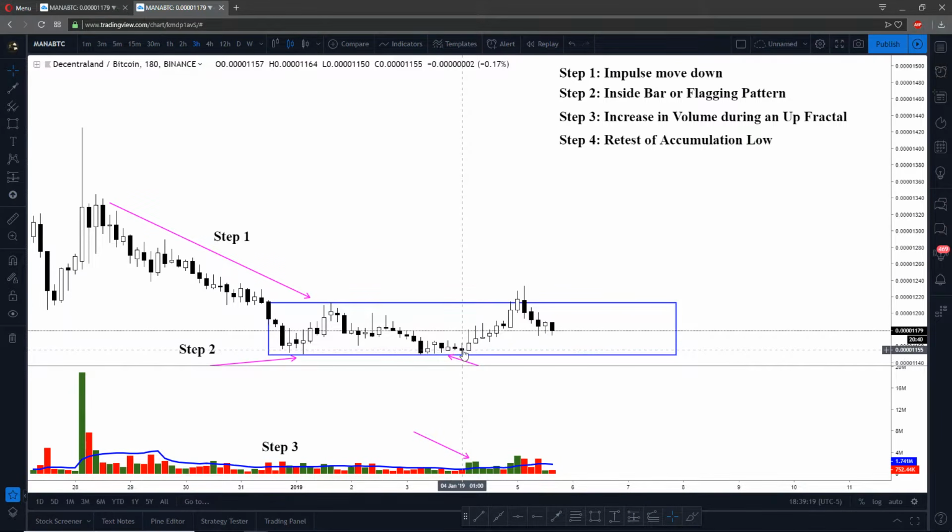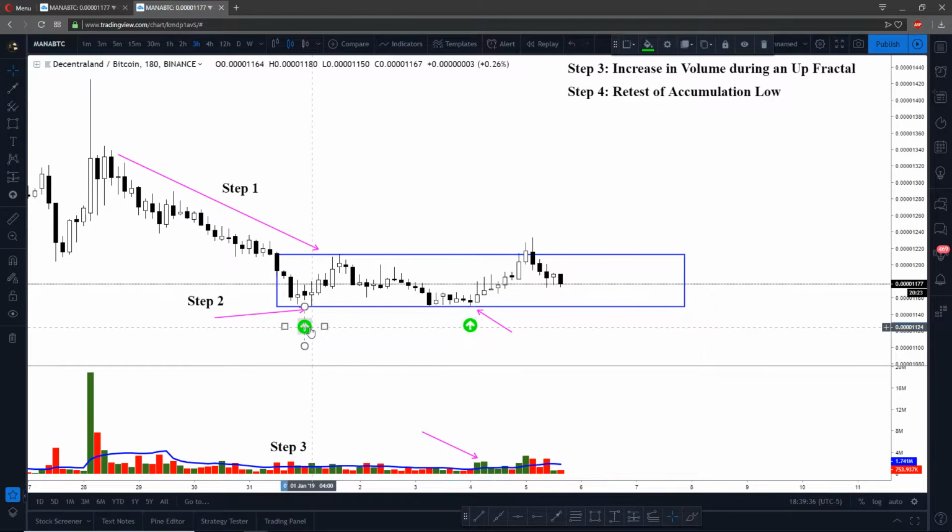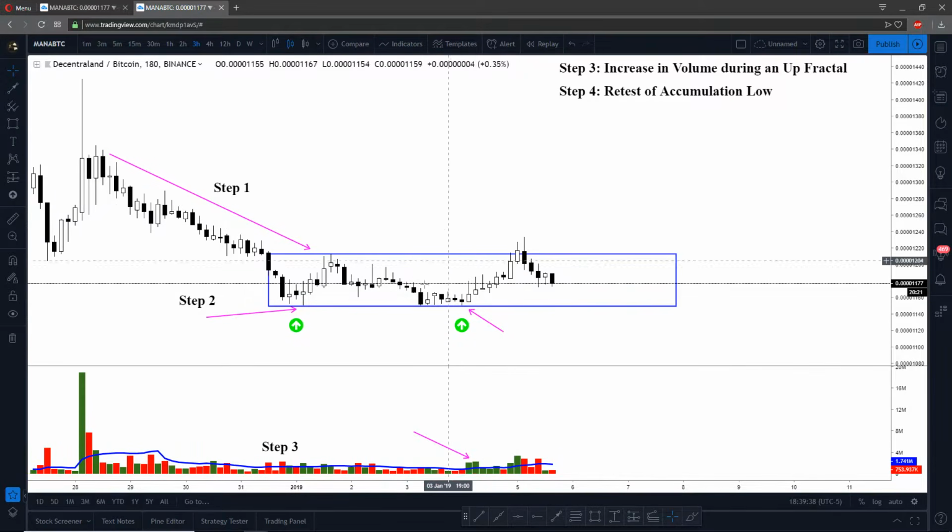This low has 2 higher lows on the left, 2 higher lows on the right. So this creates another up fractal. So now that we have 2 up fractals on the accumulation low, you can start to buy this. You could have bought this second up fractal here. You would have targeted the accumulation high.